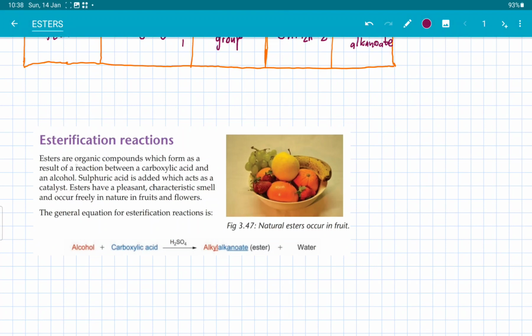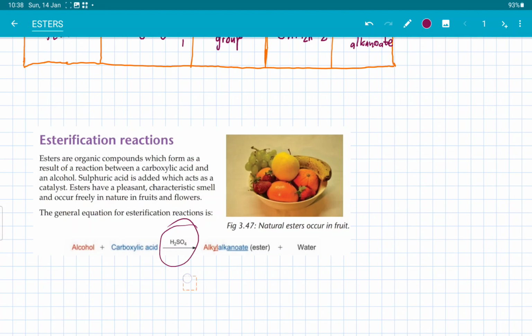So esters are organic compounds which form as a result of a reaction between a carboxylic acid and an alcohol. Sulfuric acid is added, which acts as a catalyst.